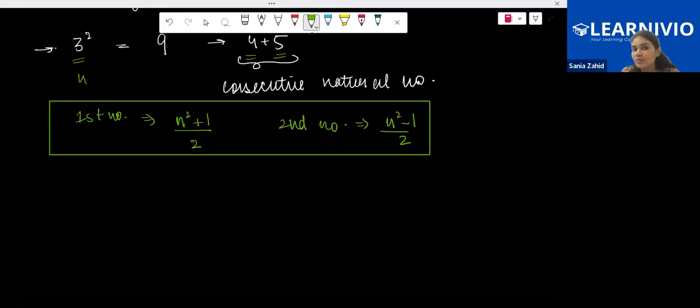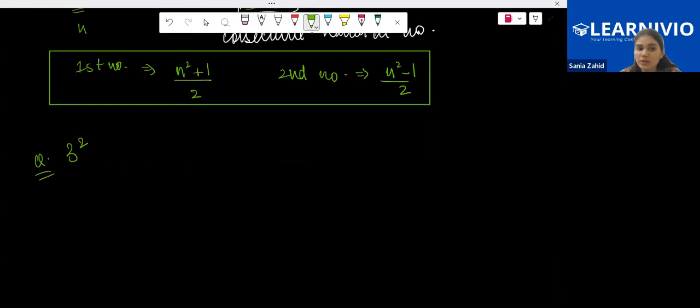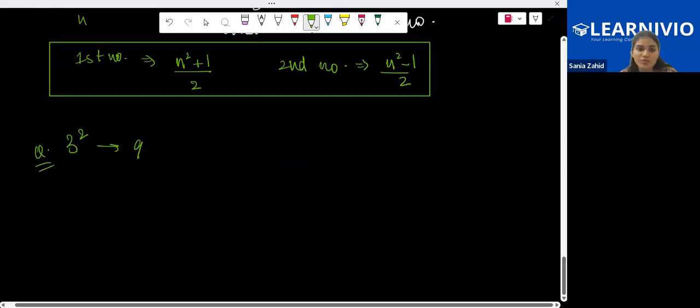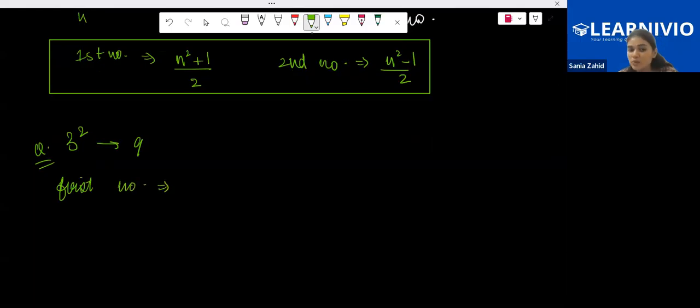So if my question is 3 square, what will be 3 square? It will be equal to 9. Now I have to check which two numbers I can represent. The first number will be (n square plus 1) by 2, that means (3 square plus 1) by 2, that means (9 plus 1) by 2, that means 10 by 2, so it becomes 5.